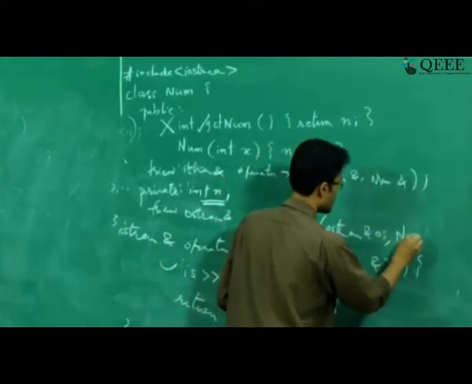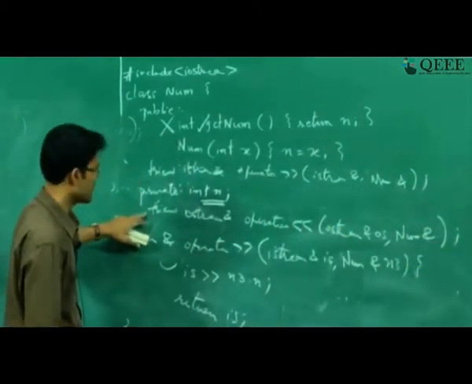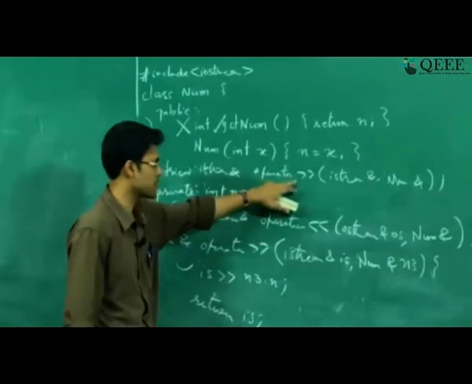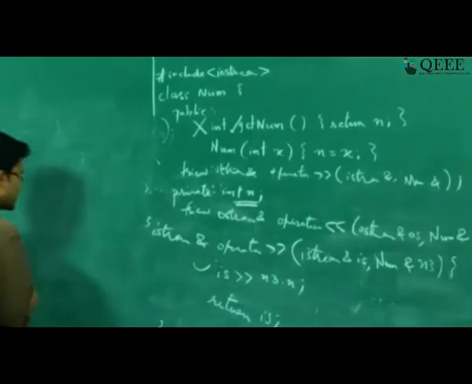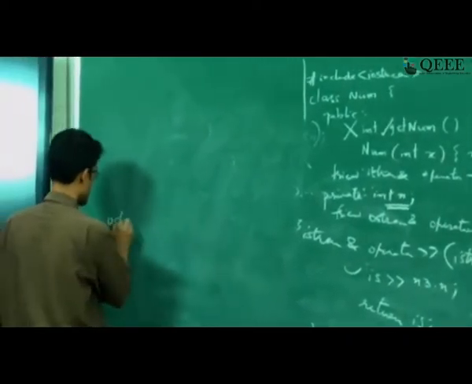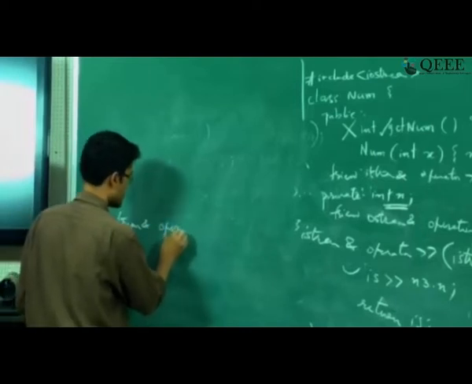Similarly, it takes num as the parameter. Right? So there is a friend function which is the left shift, there is a friend function which is the right shift. The right shift operator is already defined. Let me define the left shift operator here.